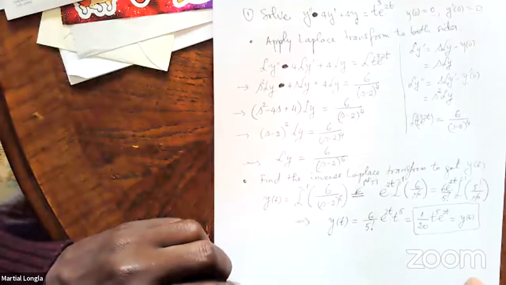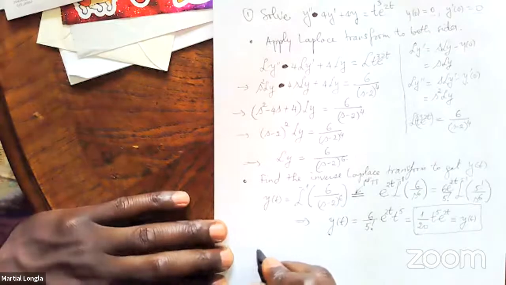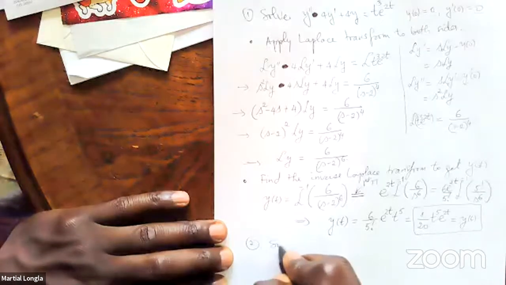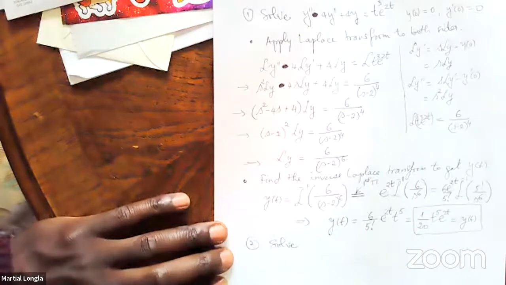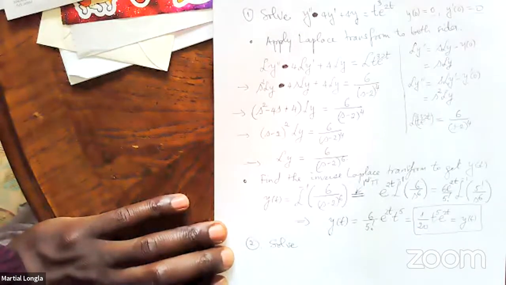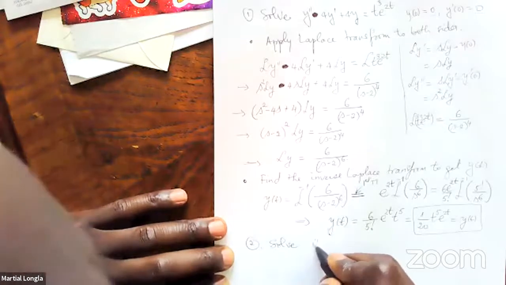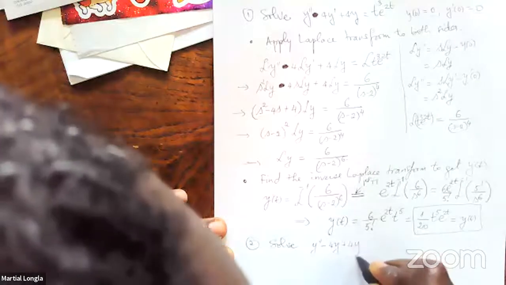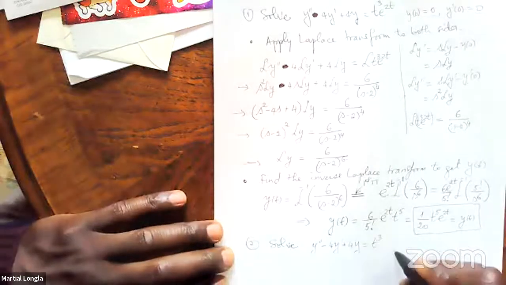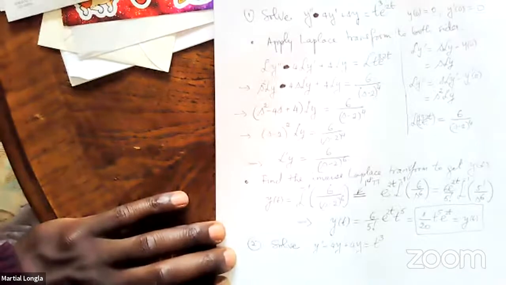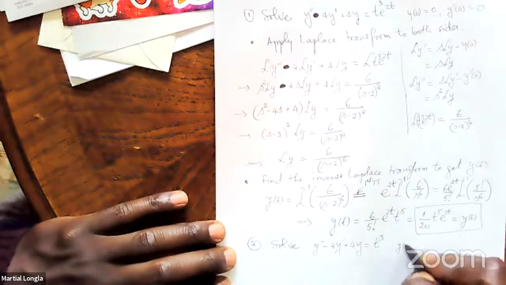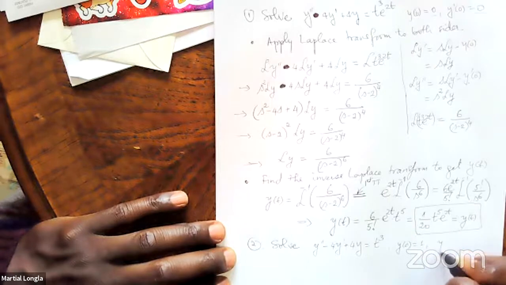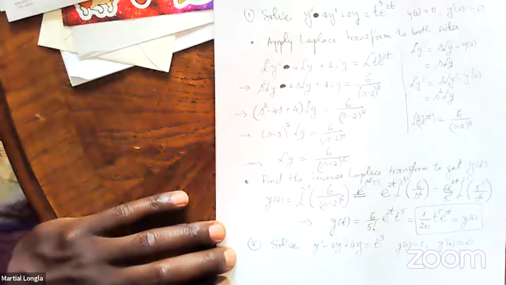Now I'm going to let you do the next one. That's going to be y double prime minus 4y prime plus 4y equals t cubed, y of 0 equals 1, y prime of 0 equals 0.